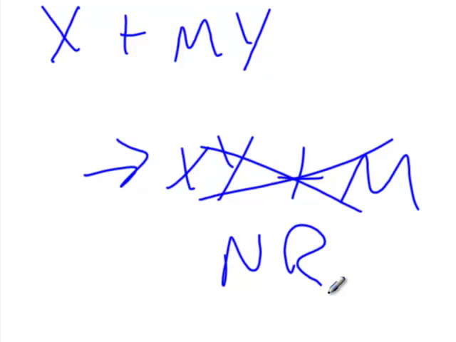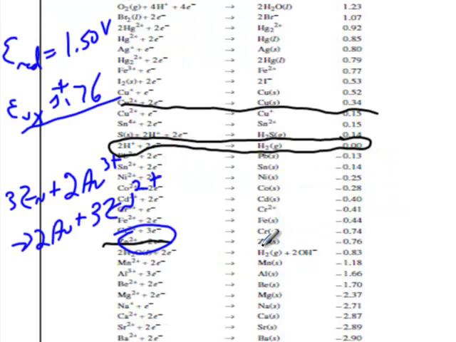That whole activity series was created by looking at these electrode potentials, these reduction potentials. If the single replacement reaction gives you a negative E cell, it's not going to be spontaneous, then that reaction won't happen.